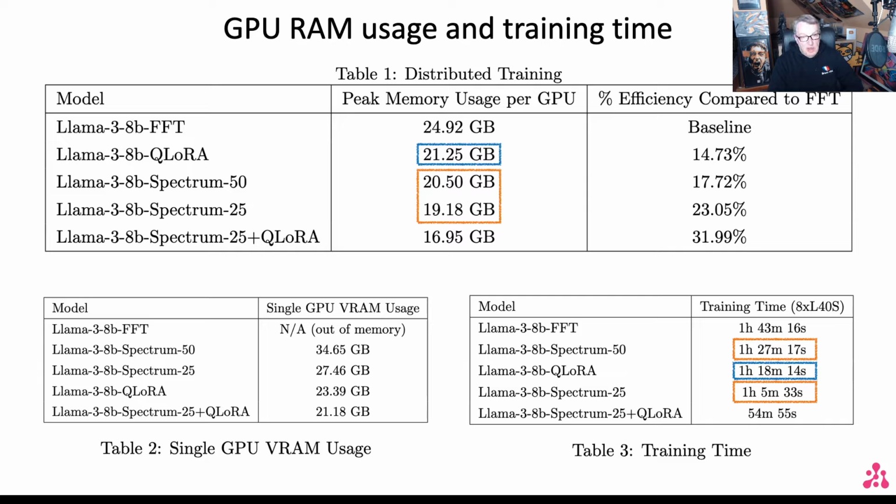But Spectrum still enables you to train models that wouldn't fit in the GPU if you were doing full fine-tuning. And if you look at training time, you can see that Spectrum 25 is actually faster than QLoRA. Spectrum 50 is close, and definitely faster than full fine-tuning.